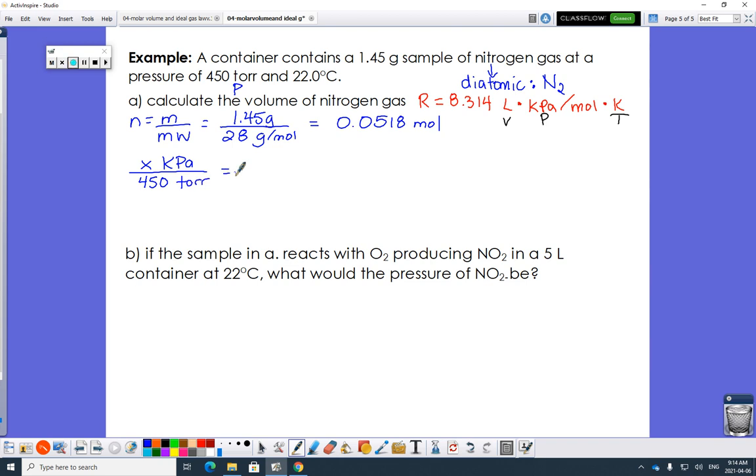So on the back of the periodic table, the conversion is 101.3 kPa for 760 torr. And then you decide how you want to solve that.